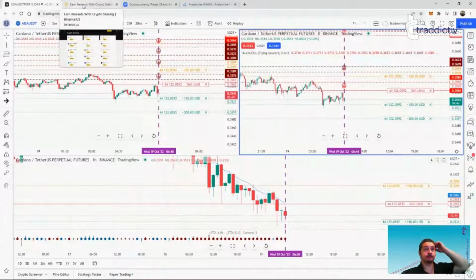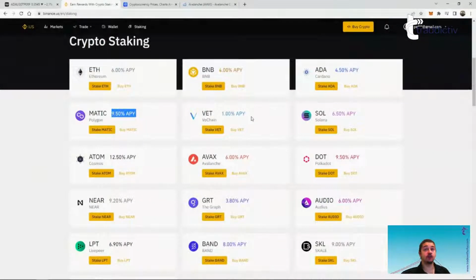Obviously, for staking, it goes without saying, but you need to own the underlying asset, meaning you have to buy it at 1-to-1. There's no buying it at leverage, at least not with Binance US. You cannot be short on one of these instruments and anticipate to own the underlying and getting interest.